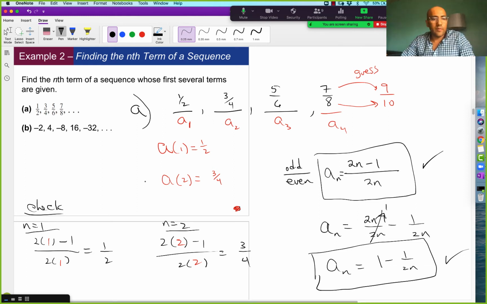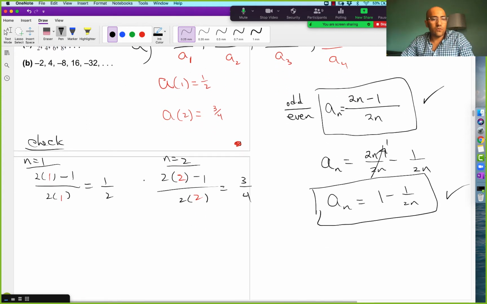Part B has -2, +4. So we have -2, then +4, then -8, then +16, then -32, and so on and so forth.